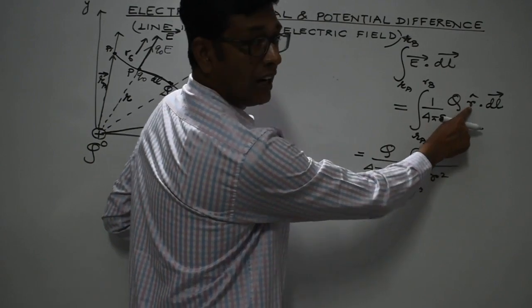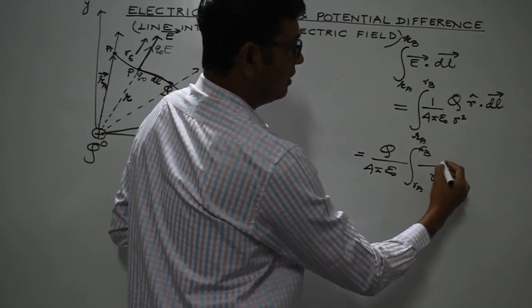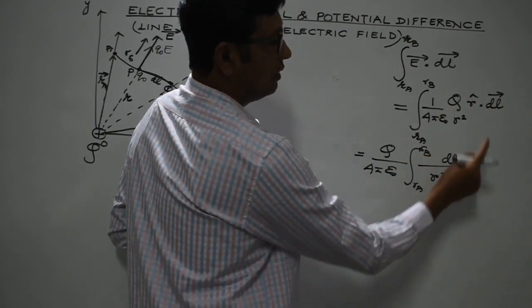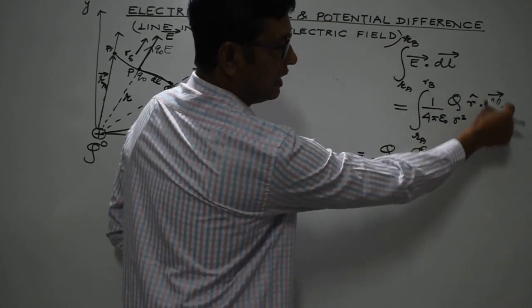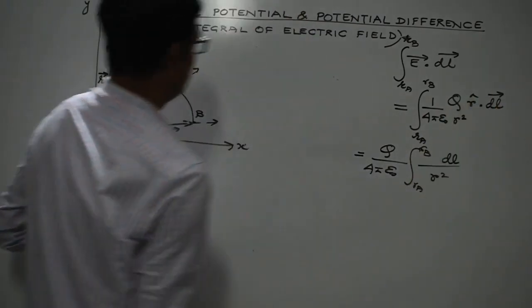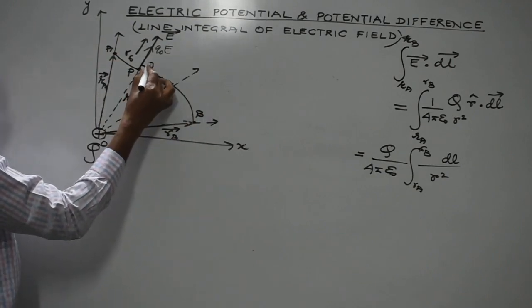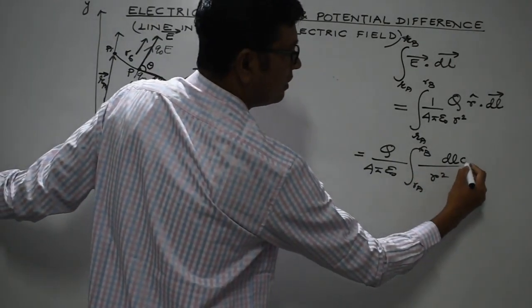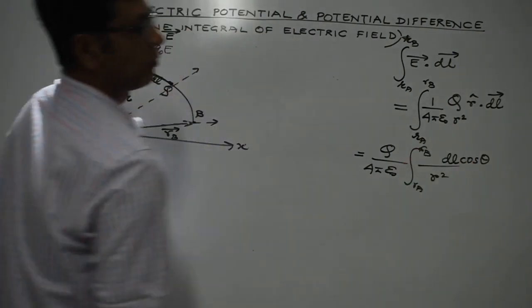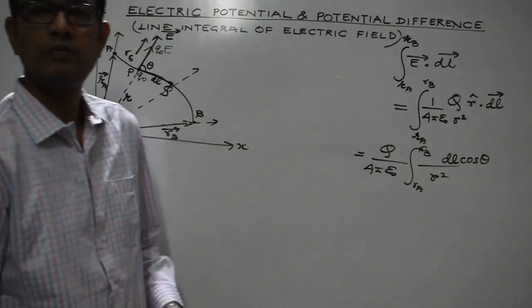Here the magnitude of R cap is 1, and dl is dl. Suppose this is the R vector and this is the dl vector, and this angle is theta. So it will be dl cos theta.